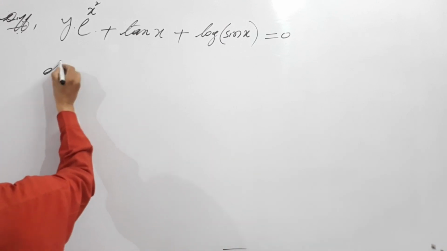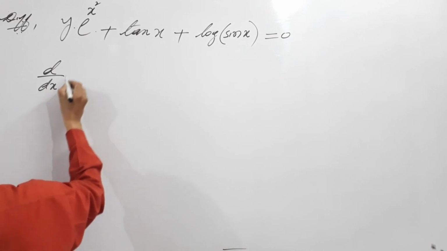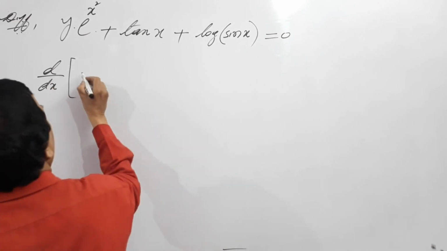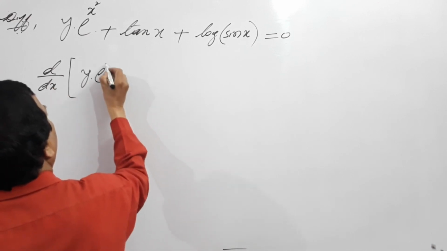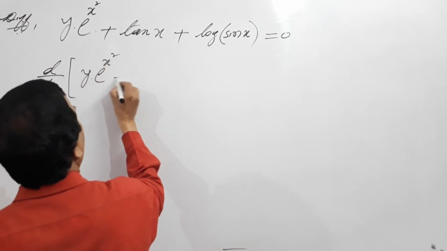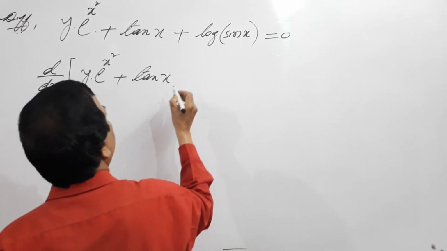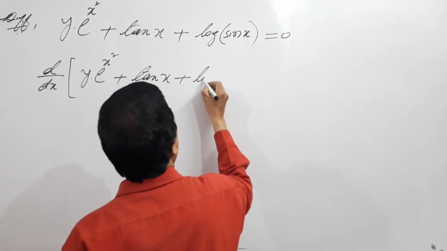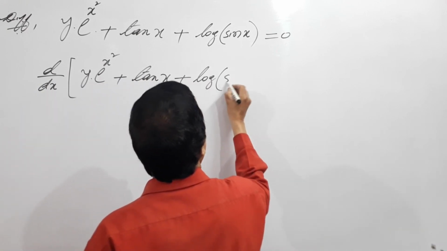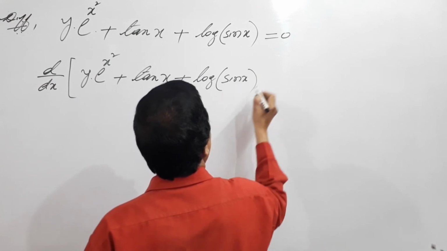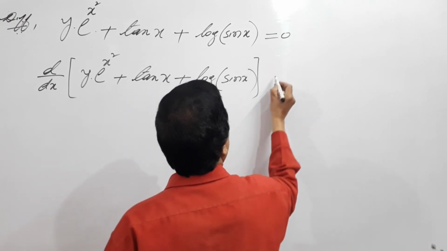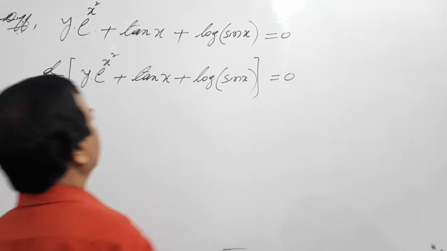So differentiate this. He has asked you to differentiate, that becomes y into e to the power of x square plus tan x plus log of sin x equals 0.